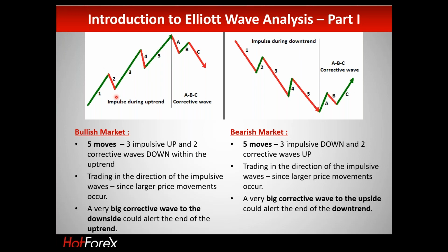So this is not a strong move. Bears are trying to gain some ground, but not successfully. They are trying to keep the market to the downside, but they can't. That's not enough. This is what we've seen in wave 2.